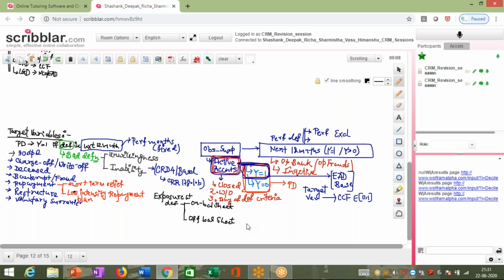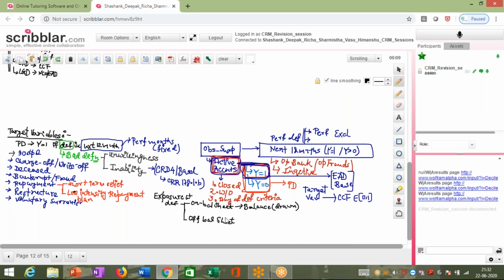The on balance sheet item is the balance that you have already drawn, or the drawn balance.